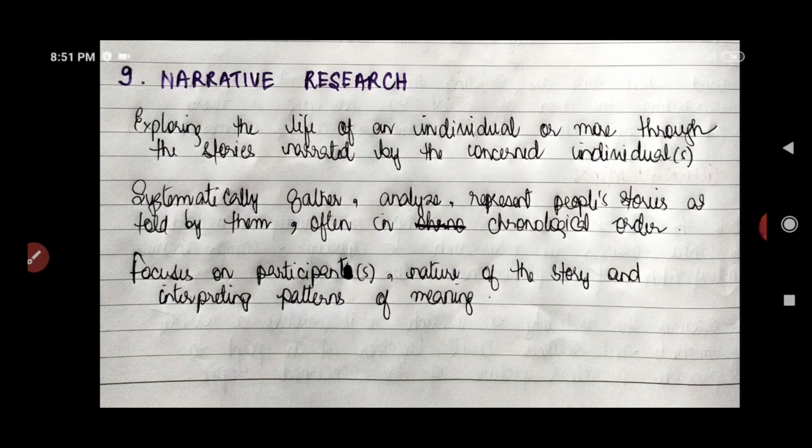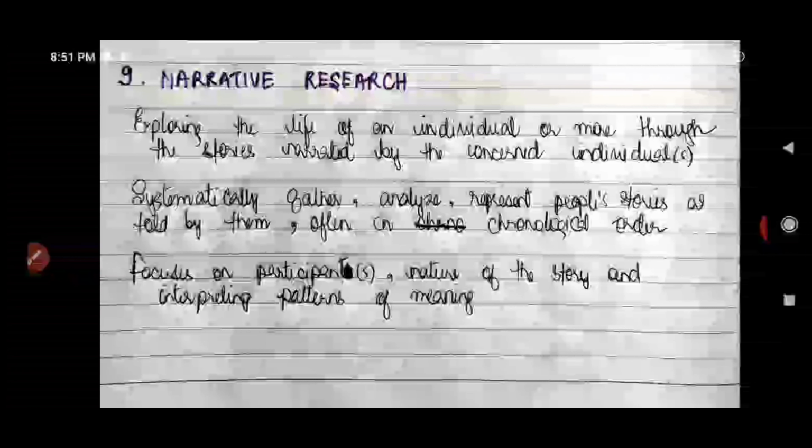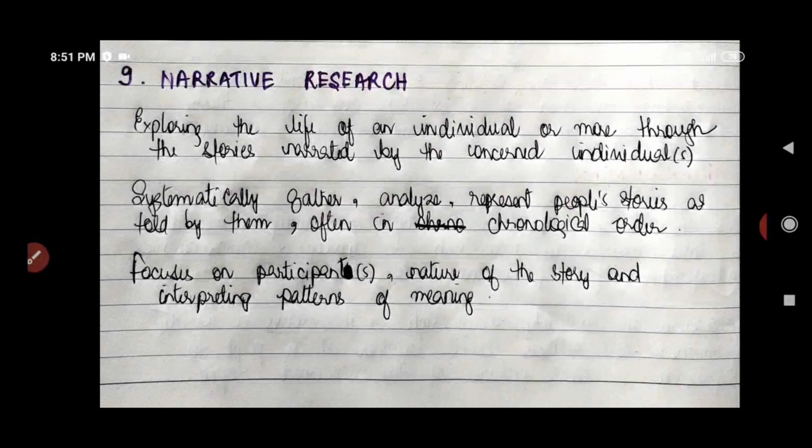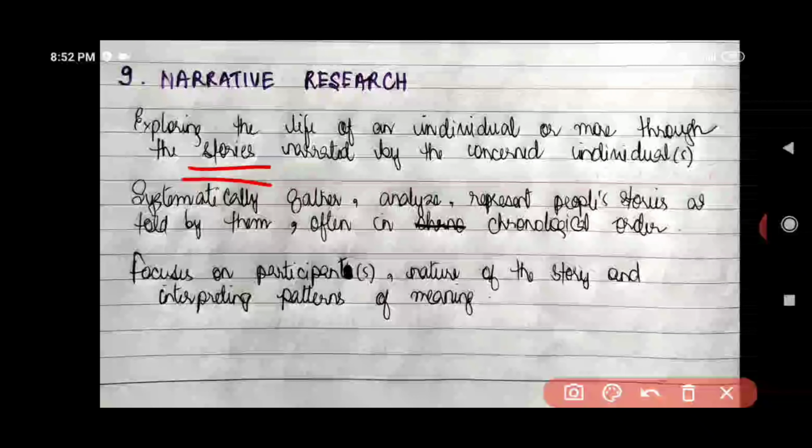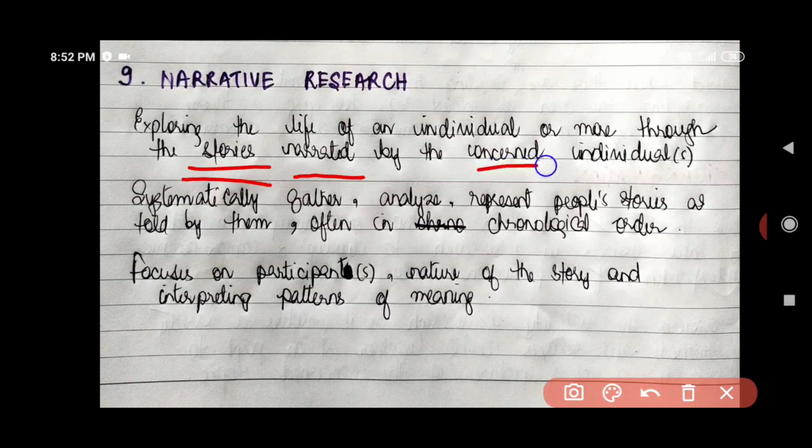Narrative research is the type of research that explores the life of an individual or more through the stories narrated by the concerned individual or individuals. So the key word to note here is stories. Okay? Stories as narrated by the concerned individual. Always remember this.